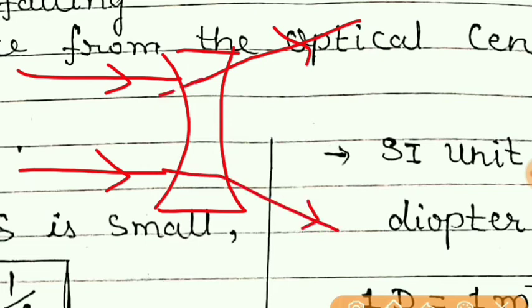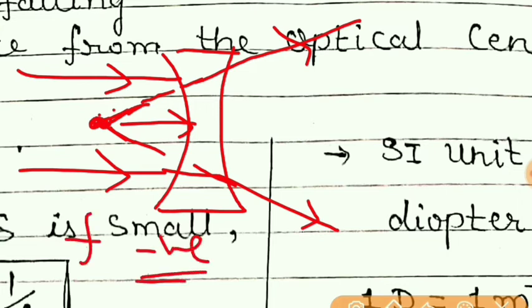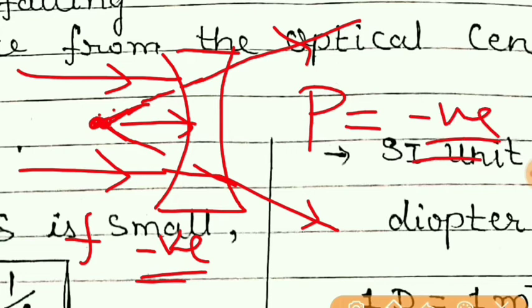When we extend the refracted rays backward, they meet at this point, which is called the focus of this concave lens. So focal length is towards the left side, and left side means f is negative. And if f is negative, then power is also negative. So remember, for a convex lens power is positive, and for a concave lens power is negative.